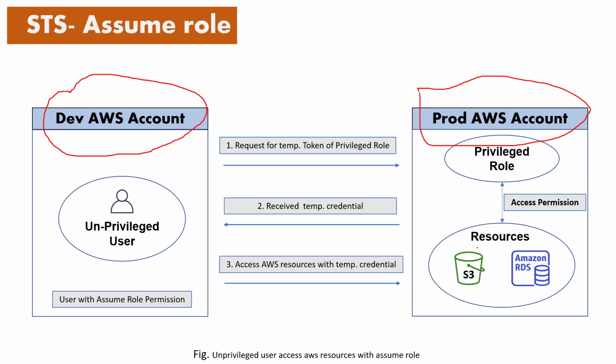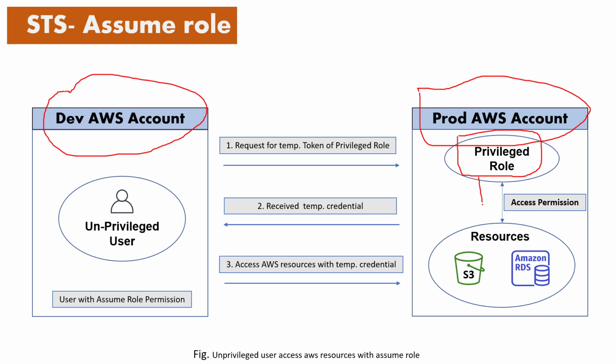The first method is we can create a user here in the production account and give the credentials to this user. But this will be really risky because those credentials will never expire, and it's very difficult to manage all these things. The second method is called assume role. In assume role, suppose we created a role in the production account.